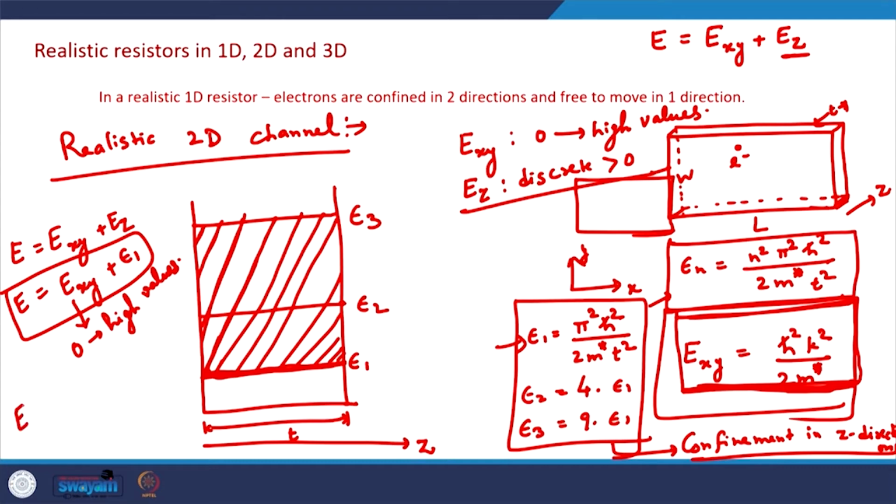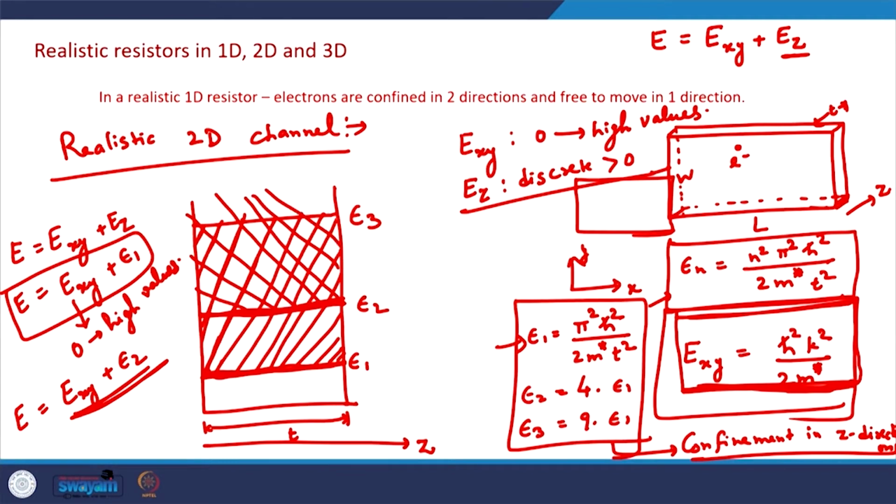In that case, the total energy of the electron will be Exy plus epsilon 2, and this value can go from epsilon 2 to a very high value. So, the electrons sitting in this state in the z direction may have any energy starting from epsilon 2 to a very high value. This may be the total energy of the electrons sitting in the epsilon 2 state.